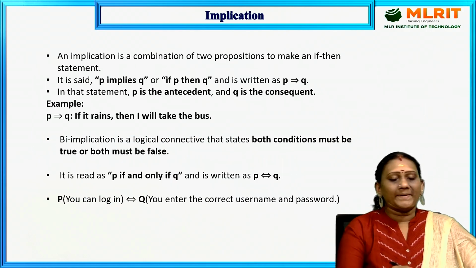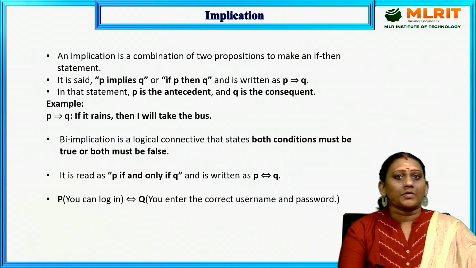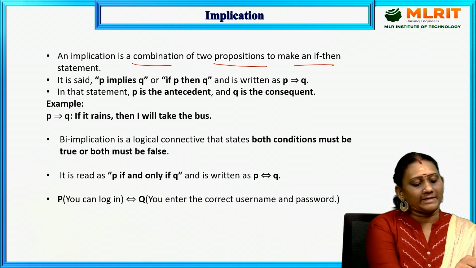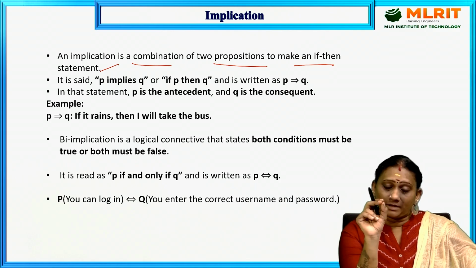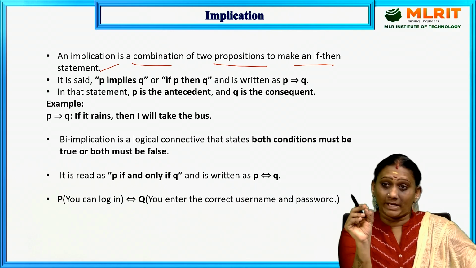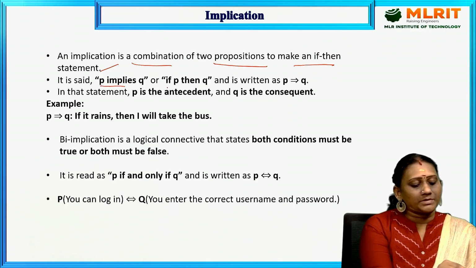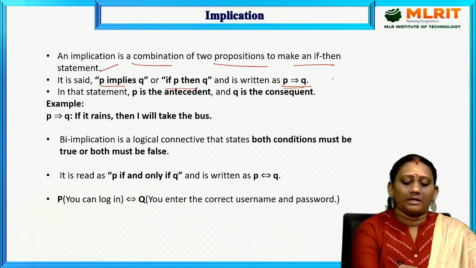Let us see implication with examples. An implication is a combination of two propositions to make an if-then statement, where we form some if-then rules. P implies Q, or if P then Q, can be written in two ways.